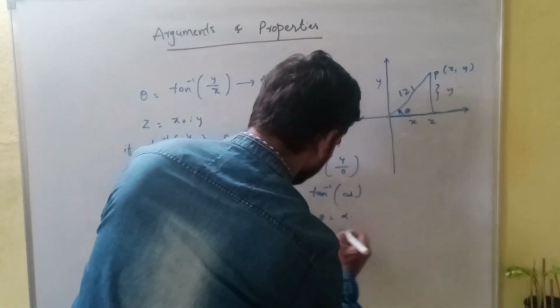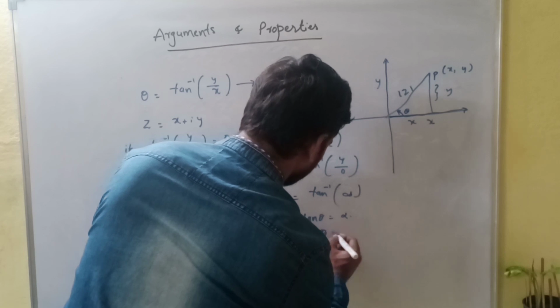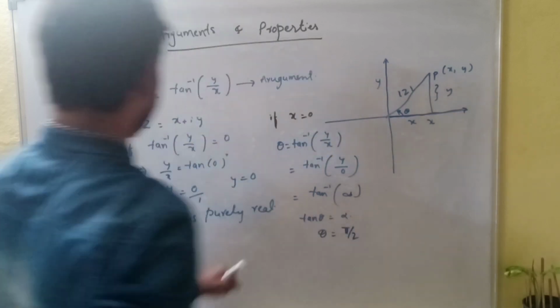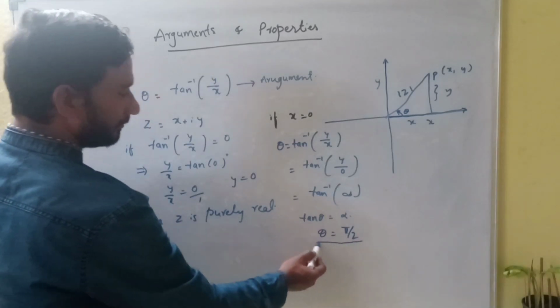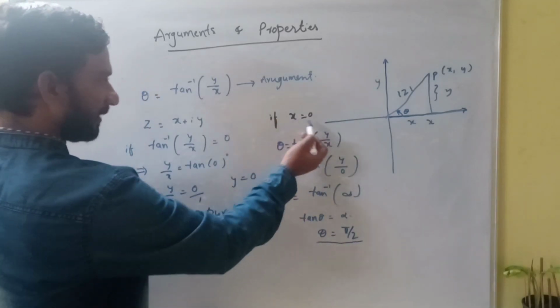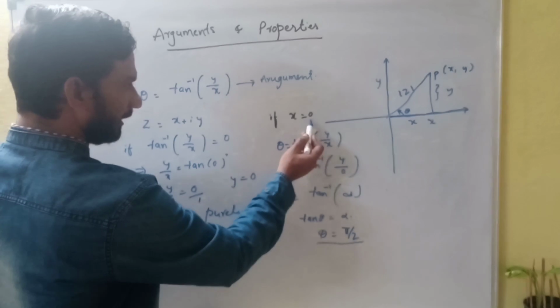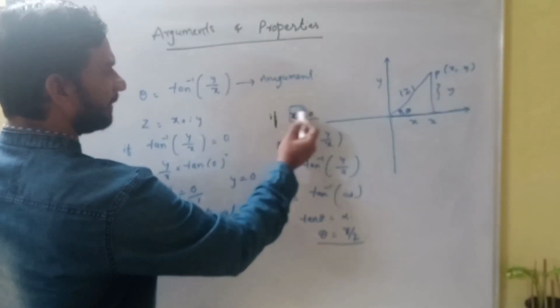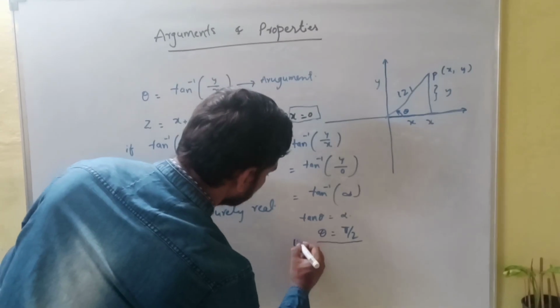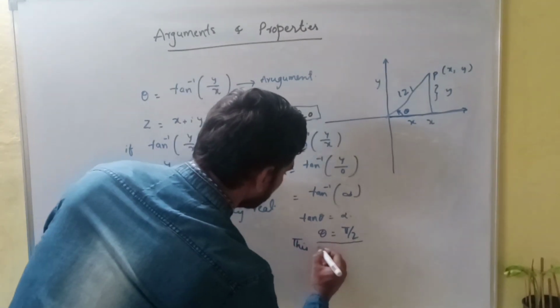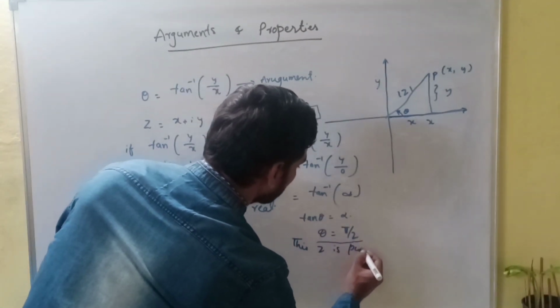Infinite is at pi by 2, so theta is equal to pi by 2. That means if theta is equal to pi by 2, we can say this complex number z is purely imaginary, because the real part is 0.